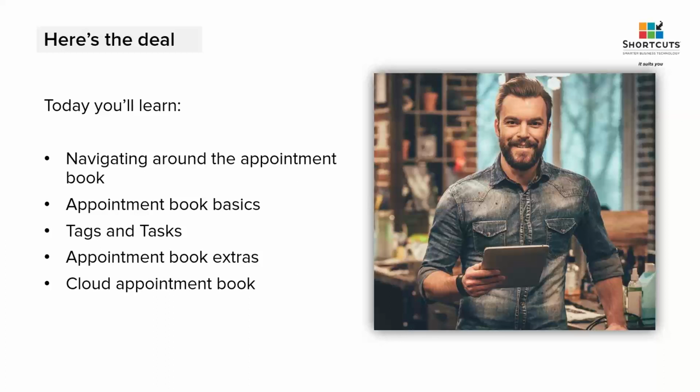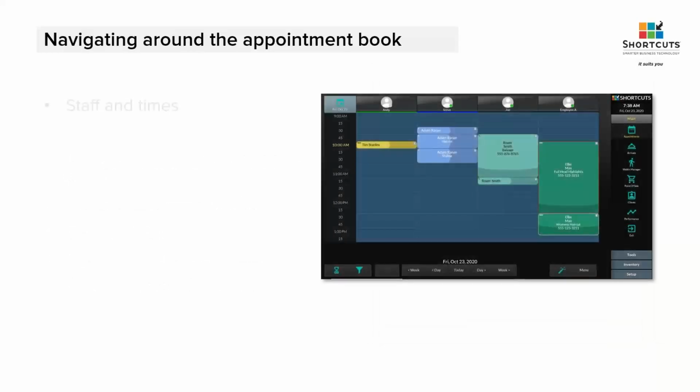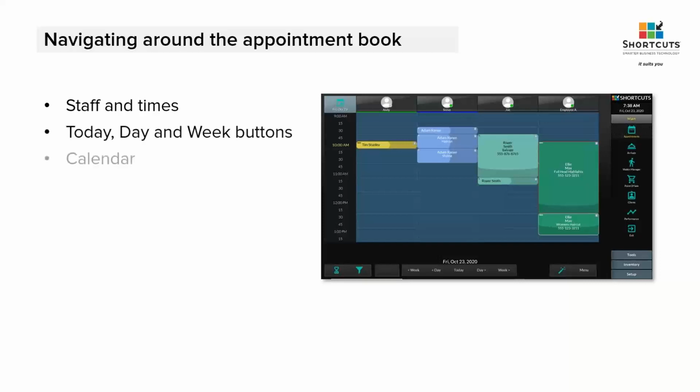So, what has changed visually in version 8 of Shortcuts? We want to make sure you can still navigate around the appointment book. If you've used Shortcuts before, you're familiar with the interface. At the very top of the screen are the names of the staff members. On the left side of the screen, we have a calendar button on the top left, which shows what day you're looking at.